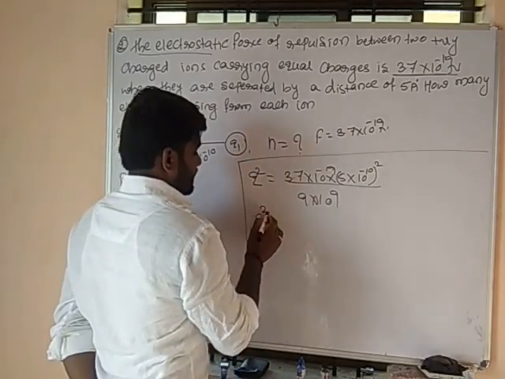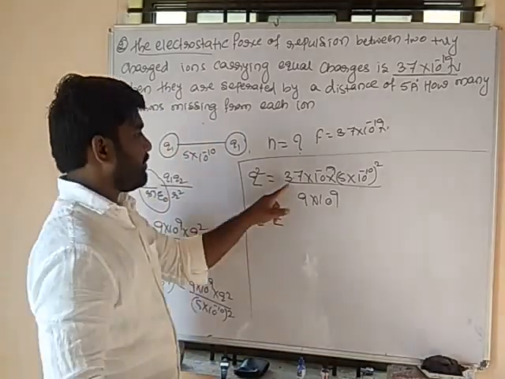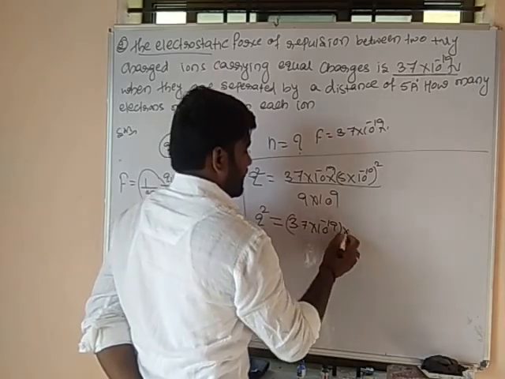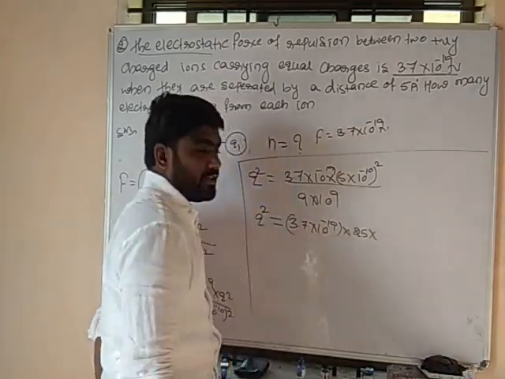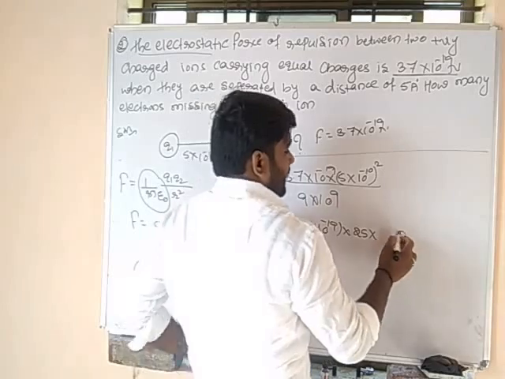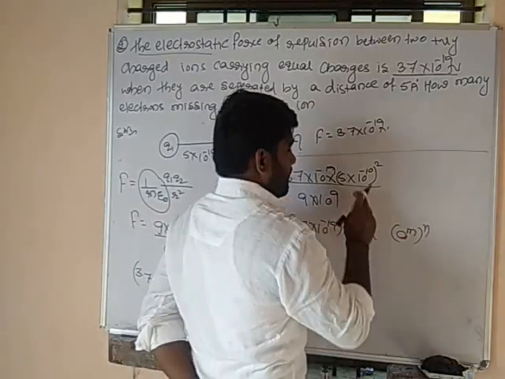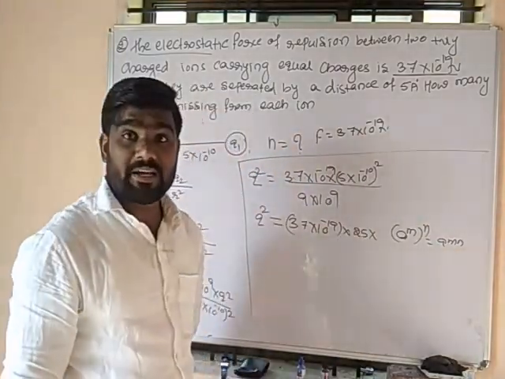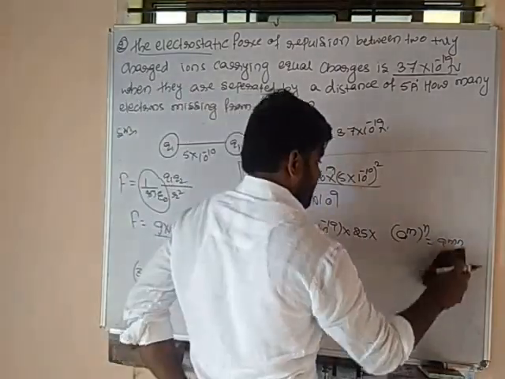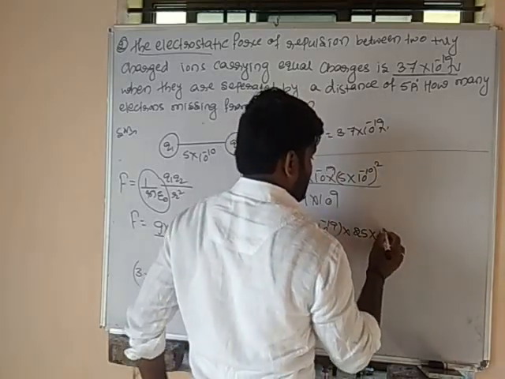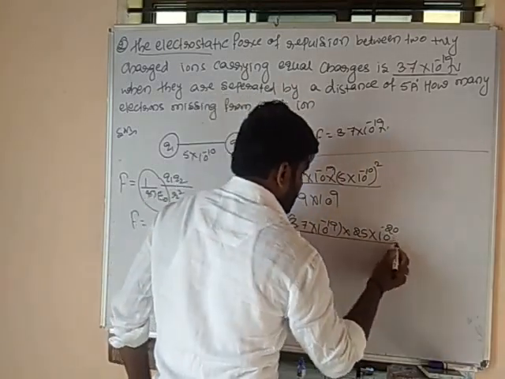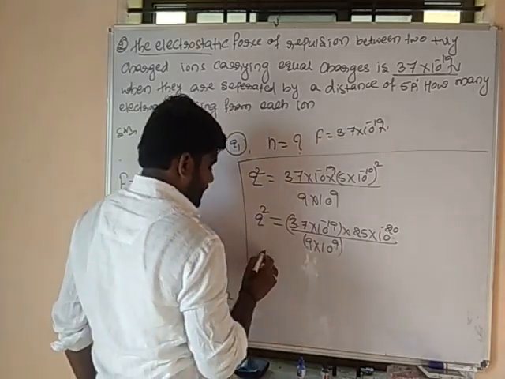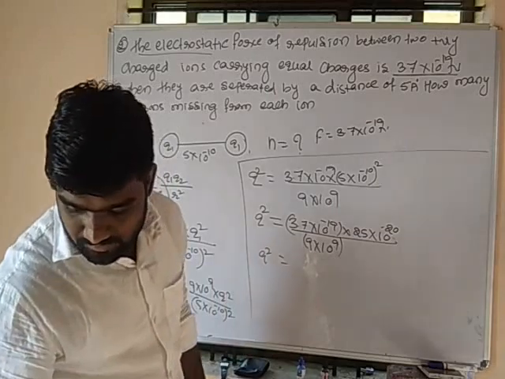So this Q square will be 3.7 into 10 to the power minus 19 into 25 into, see here, a to the power m into a to the power n. It will be a to the power m plus n, means 10 to the power minus 20 itself. So it will be 10 to the power minus 20 whole divided by 9 into 10 to the power 9. So calculate this.